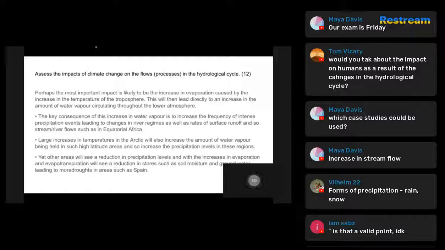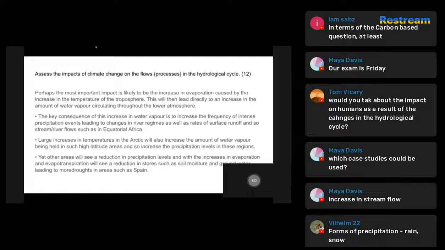Okay, so for example, the key consequence of this increase in water vapor is to increase the intense precipitation, leading to changes in river regimes as well as surface runoff. And so stream flows such as in equatorial Africa may increase. You might have large increases in temperatures in the Arctic, and that will lead to a lot of water vapor being held in higher latitude areas, and so might lead to increased levels of precipitation in those regions.